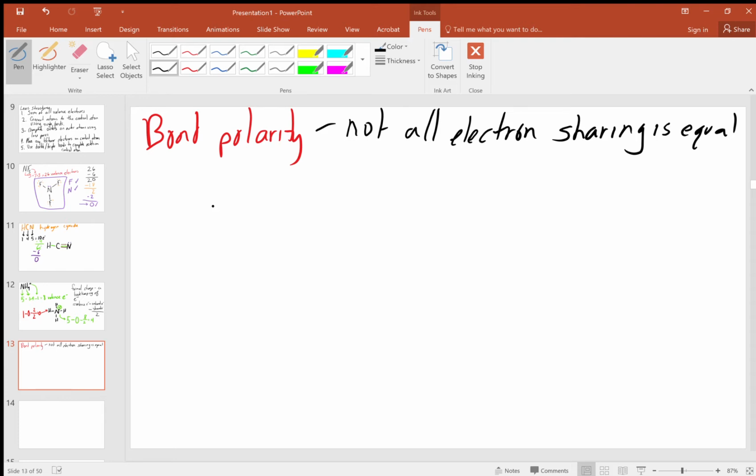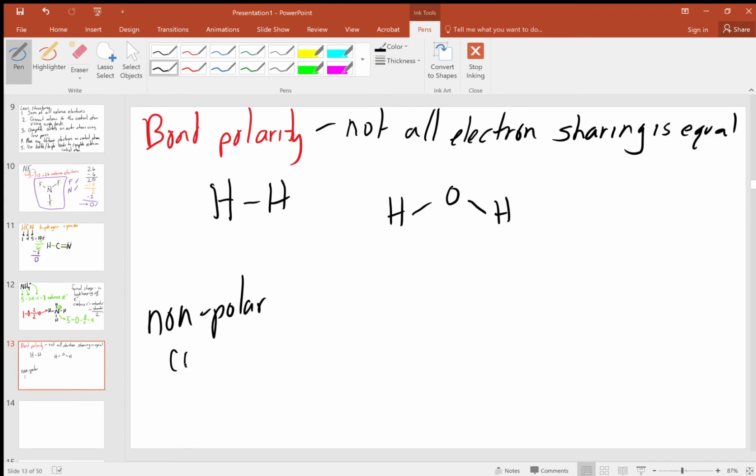And so we can look at two examples of molecules here. So here we have hydrogen, H2, and water. One of these molecules is what we would call a nonpolar covalent bond. In a nonpolar covalent bond, the electrons are shared equally.